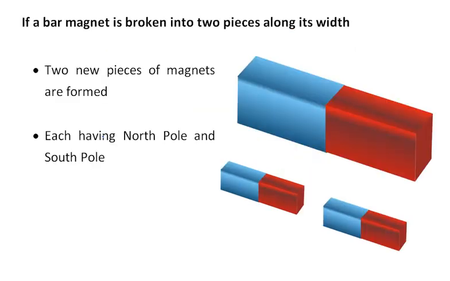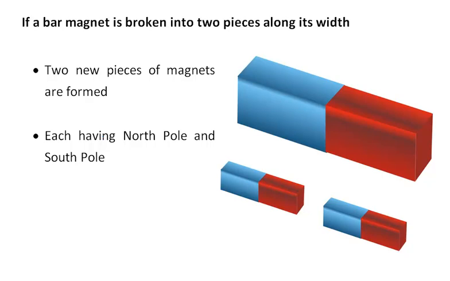Now there is one very interesting property about a magnet. If you take a very large magnet and try to break it into smaller magnets, the two new pieces are also magnets and both have a north and south pole.